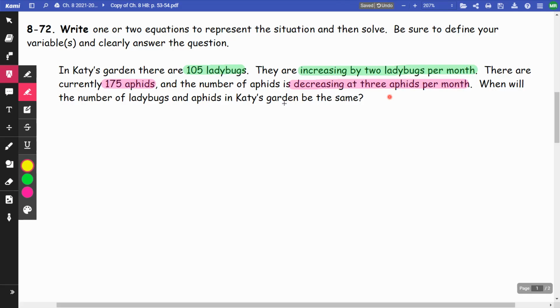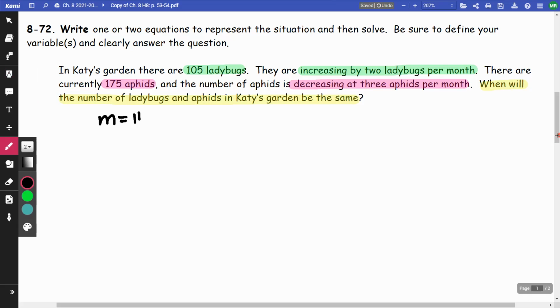And the question they want us to figure out is, when will the number of ladybugs and aphids in the garden be the same? Okay, so I am going to define m for number of months, because that's what we're trying to figure out.